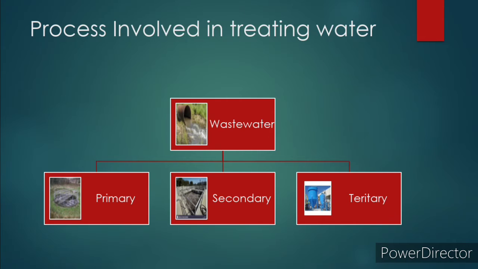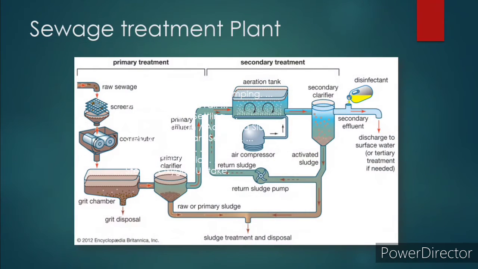We are going to learn about all these processes one by one, the steps that are taken through the wastewater treatment. Now, here you can see the flow chart of the sewage treatment plant. So, let's learn about the steps which are involved in this.